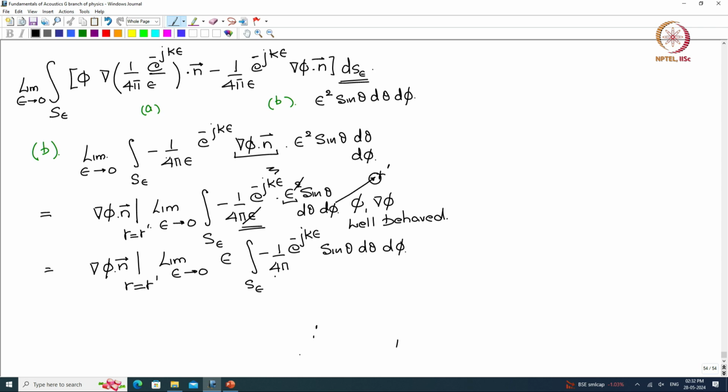Now this is a well behaved integrand and it will integrate to a finite value, whereas there is an epsilon in front that is going to 0, and so this integral goes to 0.